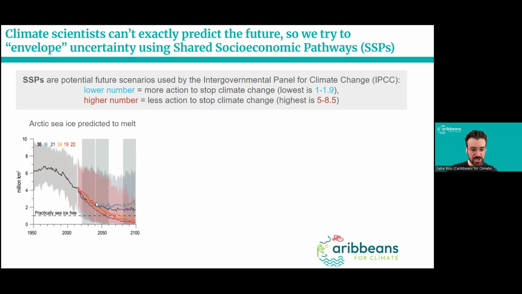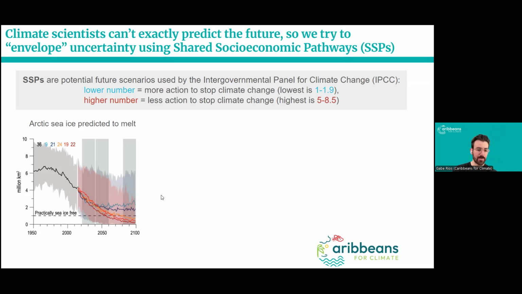So just to show a couple of examples from a report that we'll link to later, here are projections for each SSP. The light blue one is SSP1, so this is the most extreme climate action. And the dark red is SSP 5 to 8.5, and this is little to no climate action.